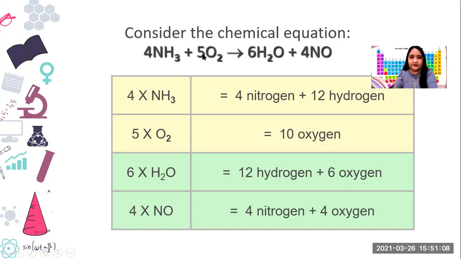And then how many oxygen? We have 12 hydrogen, 6 oxygen, and 4 nitrogen, 4 oxygen. Just remember the subscript is indicative of the number of atoms of that same element, and the coefficient would indicate how many moles, how many molecules of that compound there is in that equation.